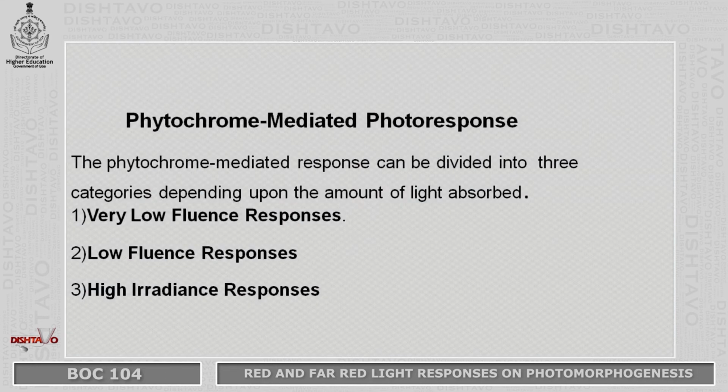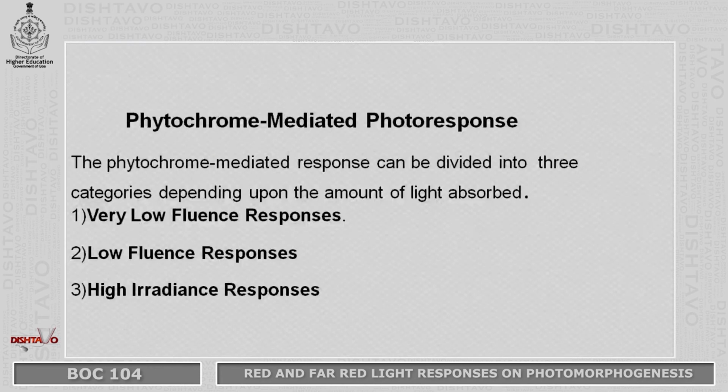The phytochrome-mediated photoresponse can be divided into three categories depending upon the amount of light absorbed: very low fluence responses, low fluence responses, and high irradiance responses. So these are the three categories.